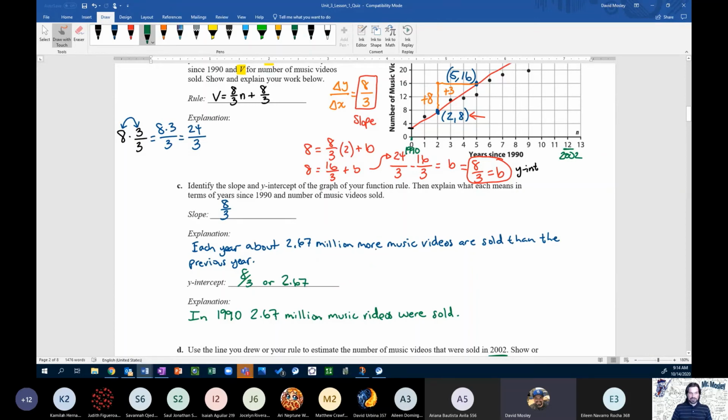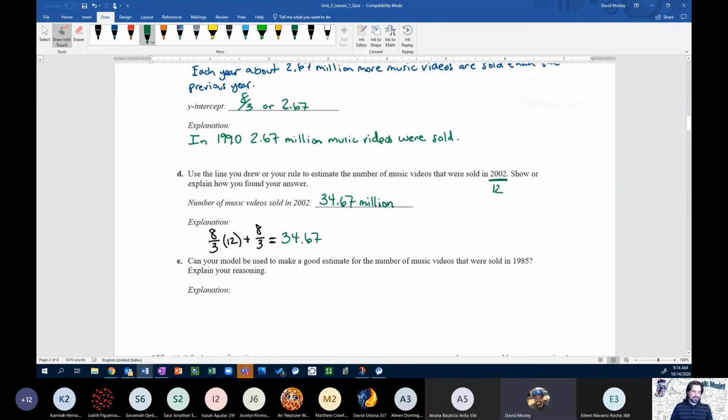If I go back 1 year, I hit 0, right? Because I would subtract 2.67 from 2.67, I'm going to hit 0. That would mean that in 1989, I was at 0. So this is probably not a good model for determining the number of music videos sold in 1985 because we can't have negative music videos.